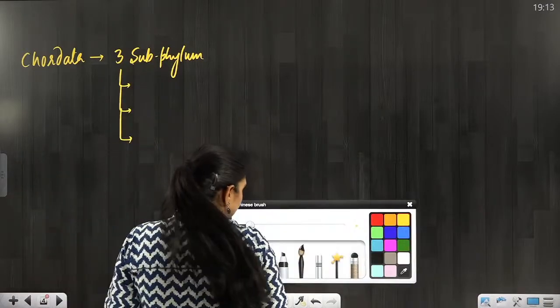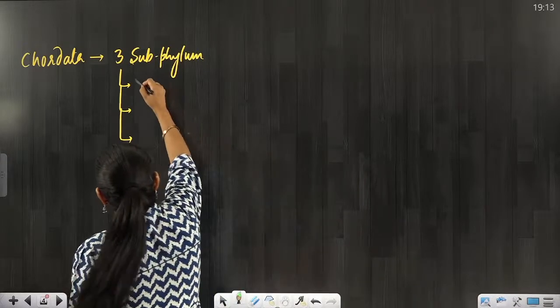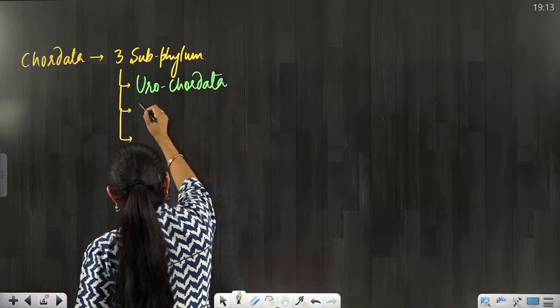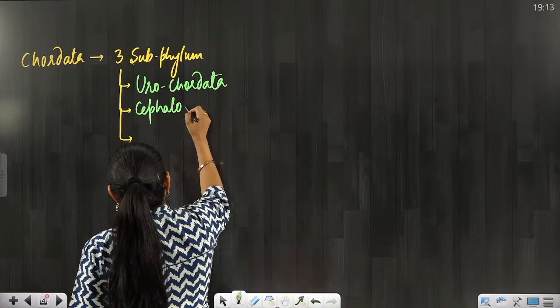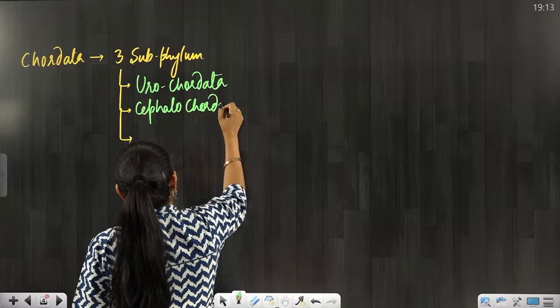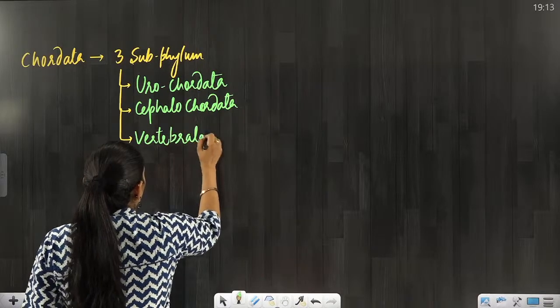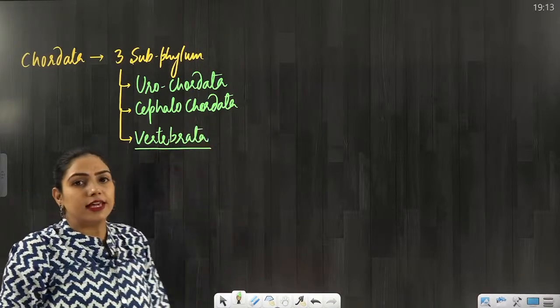These 3 subphylums are Urochordata, Cephalochordata, and Vertebrata. So except Vertebrata, we can call all the other animals invertebrates. Just like except Chordata, we can call all the animals non-chordates. Except Vertebrata, we can call all the animals invertebrates.